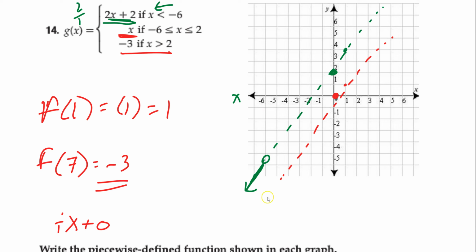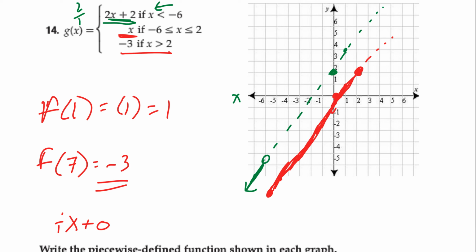So at -6, I want a closed circle, because there's an equal sign. And at 2, I want a closed circle. Now I want in between those two. So I'm just going to fill this in. Try my best. Okay, that's okay. Oof, that's bad. That's what I want, right in between those two values.